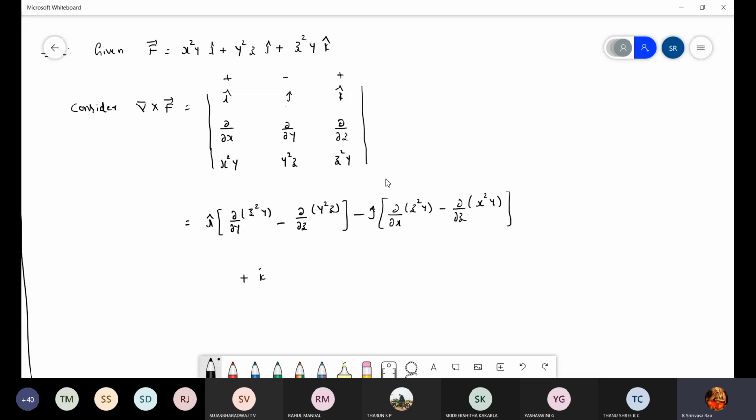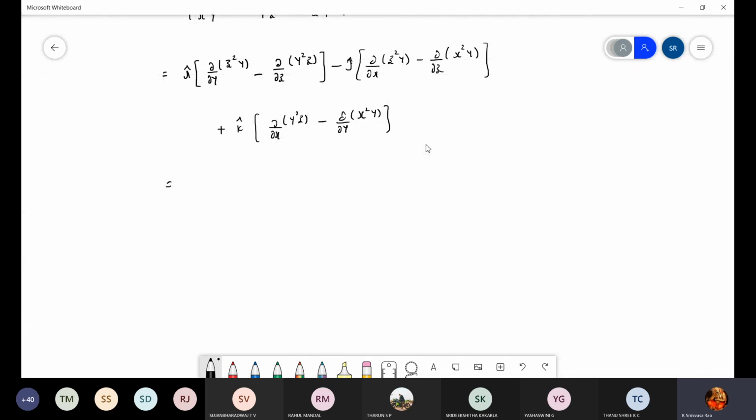and plus k cap into, so first row and the last column, dou by dou x of y square z minus dou by dou y of x square y. Yes, simplify this. I cap into partially with respect to y, you will get z square, minus partially with respect to z, you will get y square.